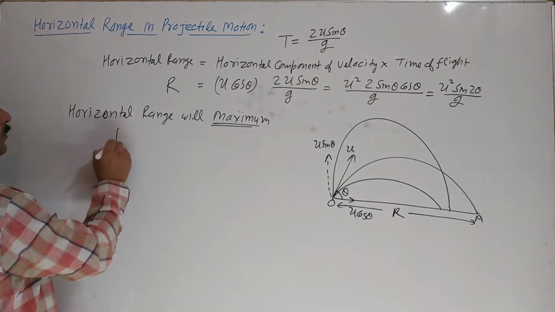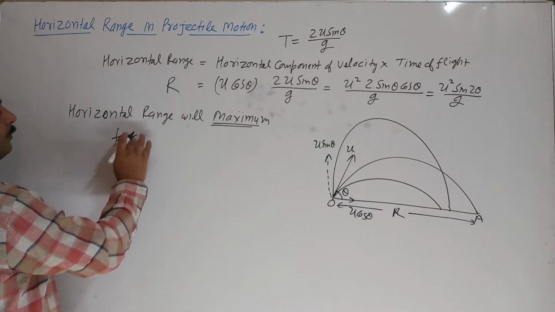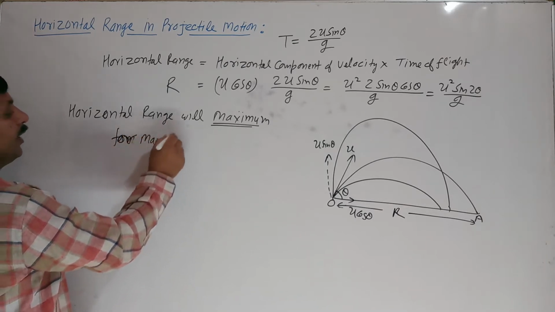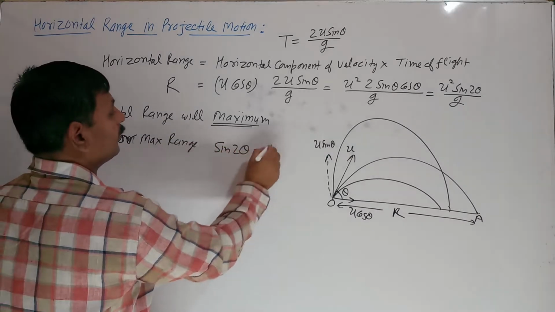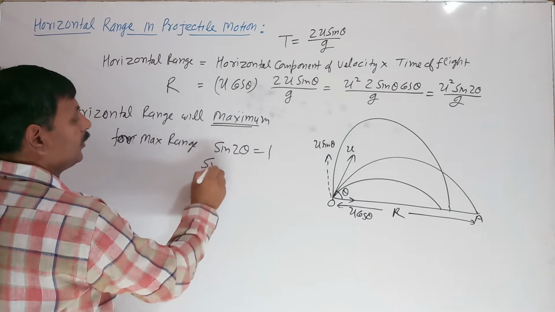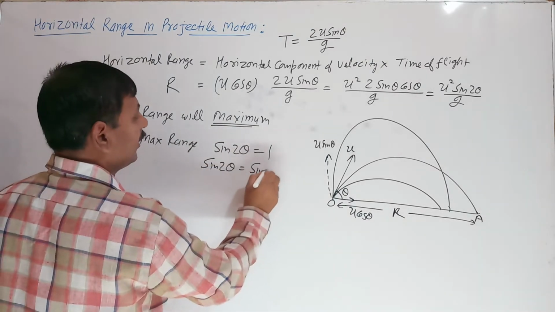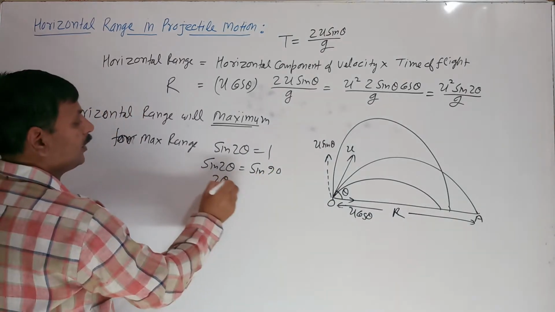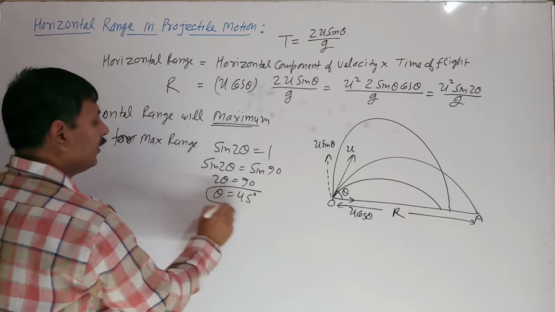For maximum range, sine 2 theta should be 1, and sine has its maximum value at sine 90 degree. So 2 theta will be 90 degree, or theta is 45.